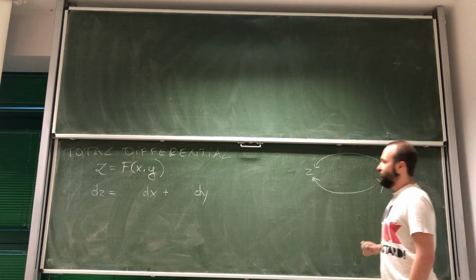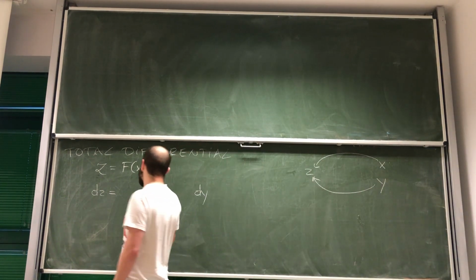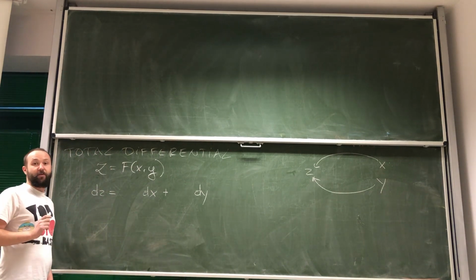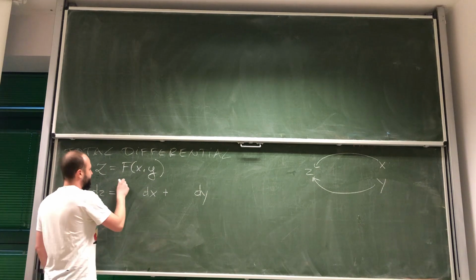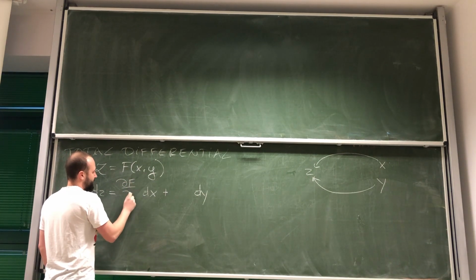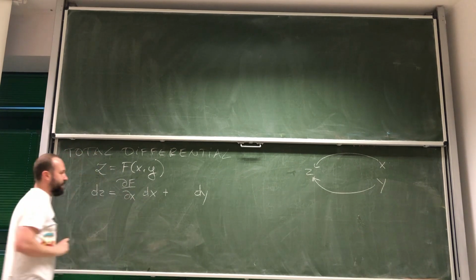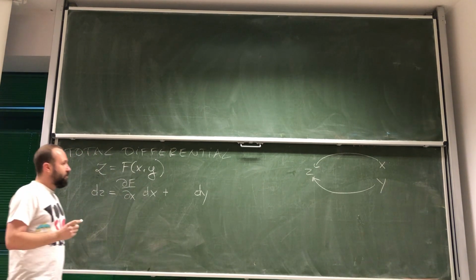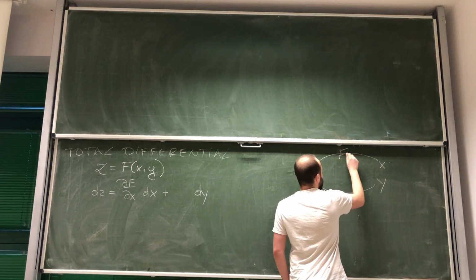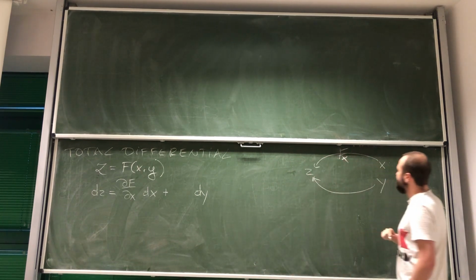Look, in this case, we can say that if x is changing by some small amount, then z is changing by how much? Well, it's going to change by the value of derivative of the function f with respect to x. Or we can write this as simply fx.